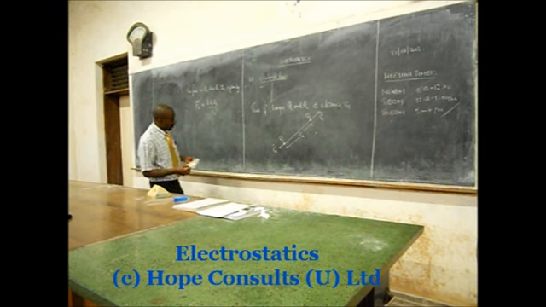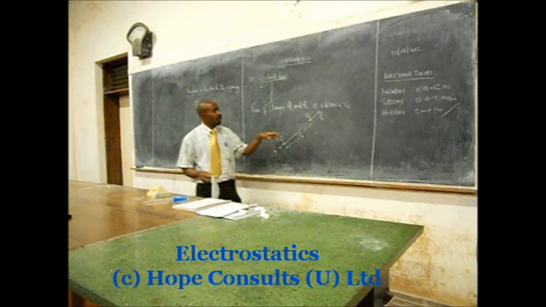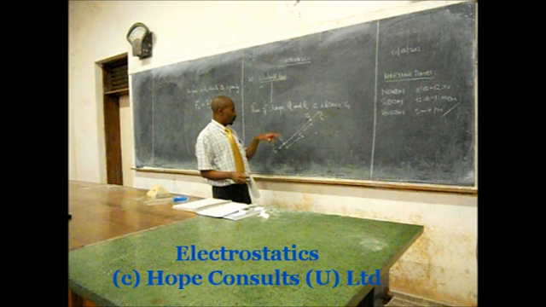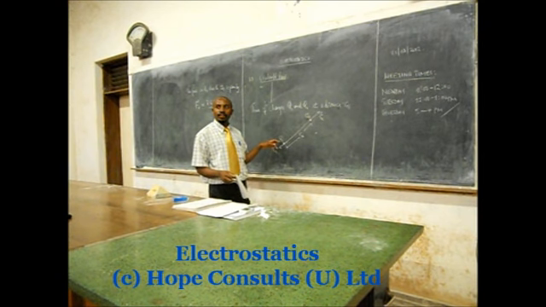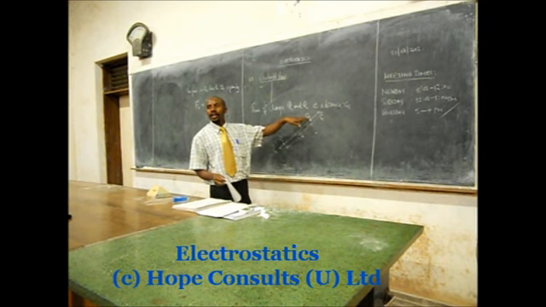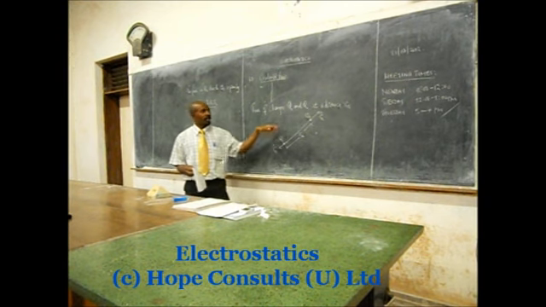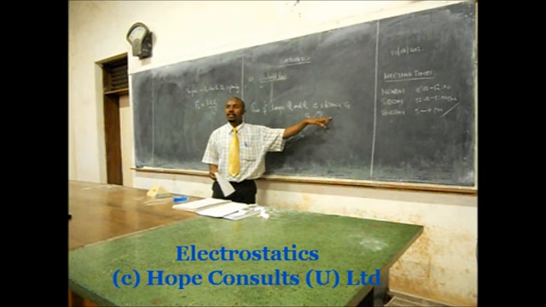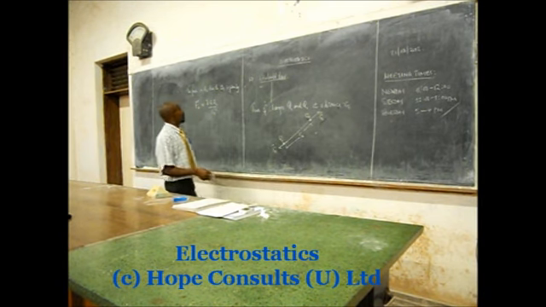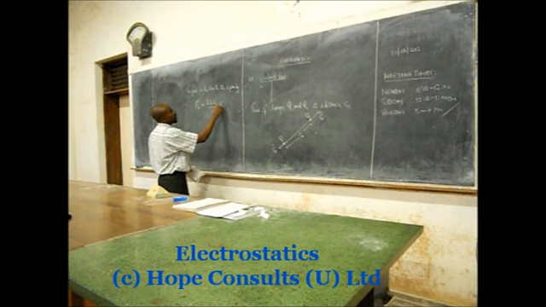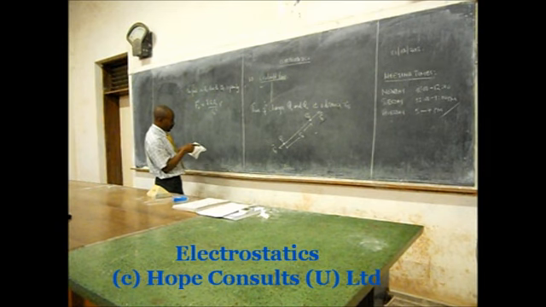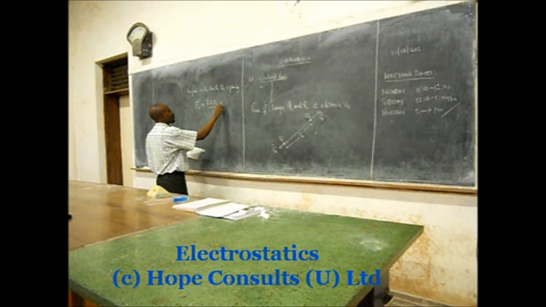And because we are saying the force on Q2 due to Q1, it means we are looking at the force Q1 is applying on Q2, so it will be in this direction. That will be the direction of the force. So the force on Q2 by Q1 will be in the R12 hat direction.